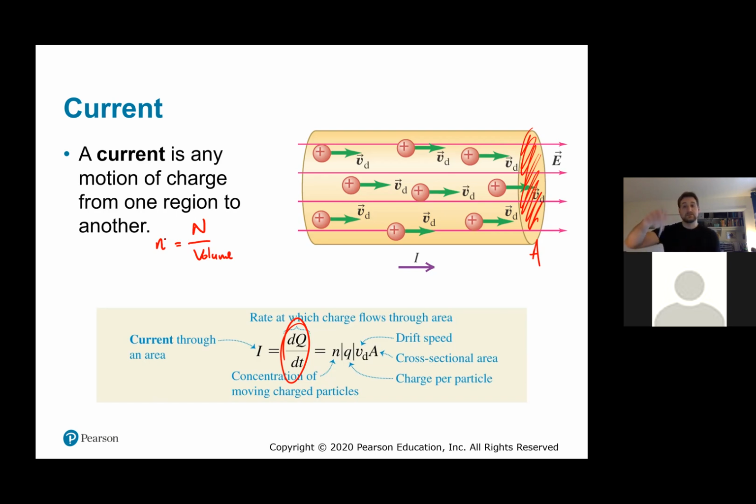If we subject positively charged particles to an electric field E, they are pushed to the right.